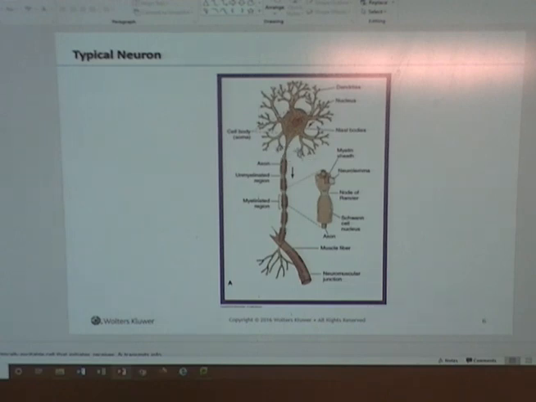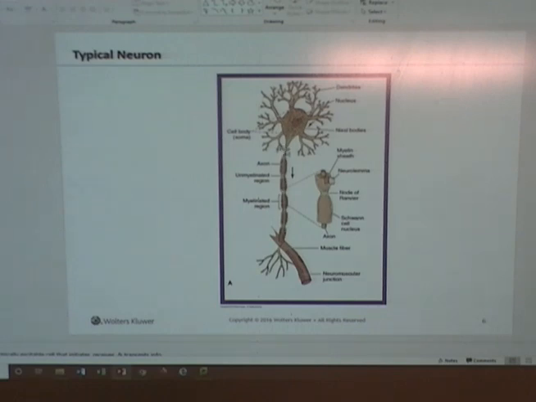And the axon hillock plays an important role because it summates all the impulses that are coming in from the dendrites. And if we reach a certain threshold, then it will send a signal on and we get an action potential. Okay. So the hillock is around here.